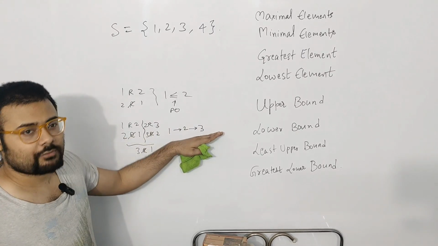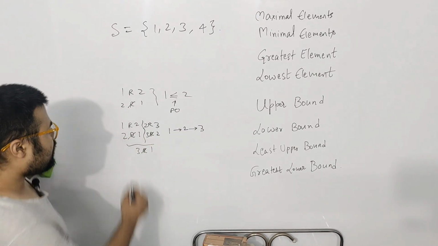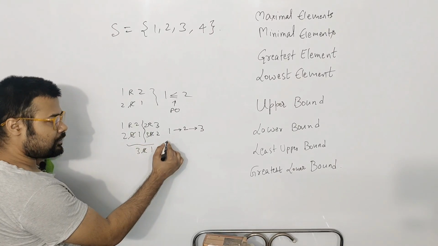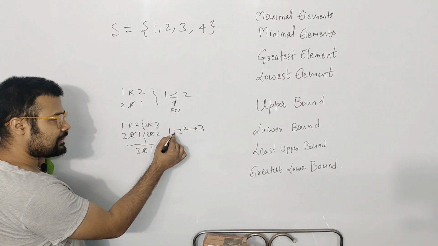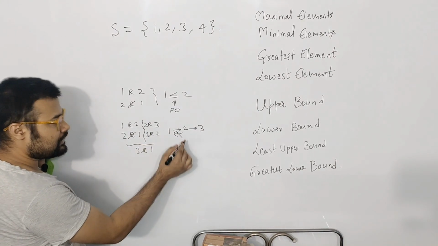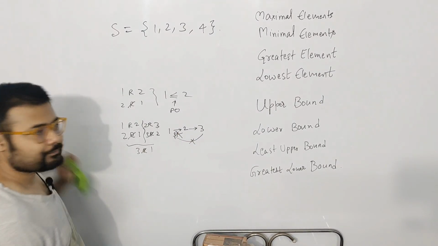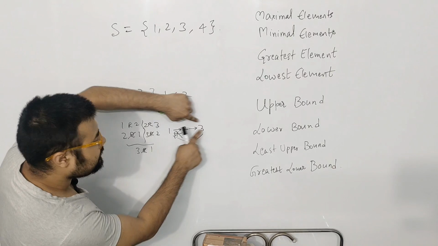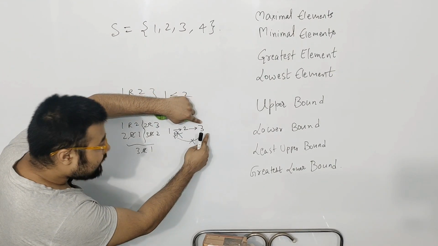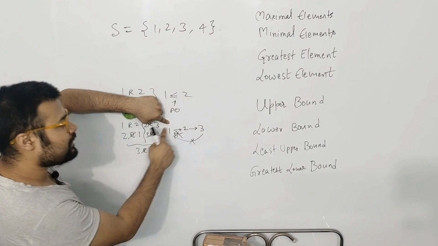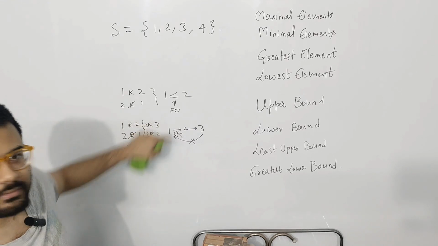This is the order that it will follow. So because of antisymmetry, this cannot happen, and because of transitivity, this cannot happen. Because if 2 is related to 3, and if 3 is also related to 1, then 2 becomes 1, then it will not remain antisymmetric.